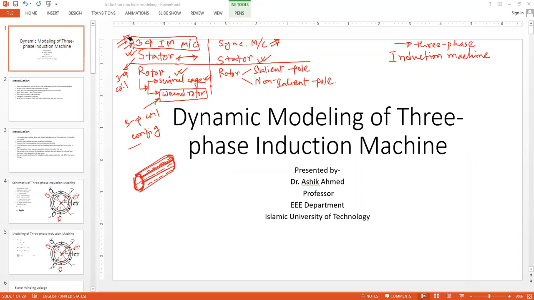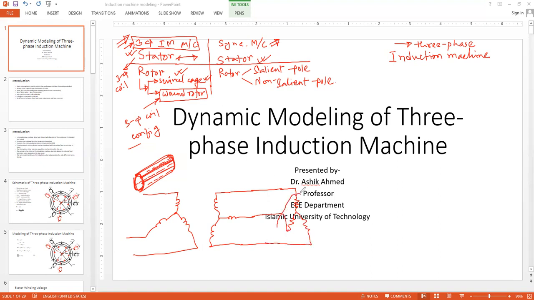But in case of wound rotor, what you have basically, if this is the stator side, three-phase coil. Okay, so you have the rotor side three-phase coil like this, and ultimately you have a provision to connect these to a block of resistors, a three-phase resistor block like this, which will ultimately provide you some level of control.